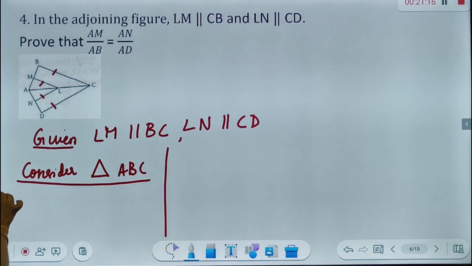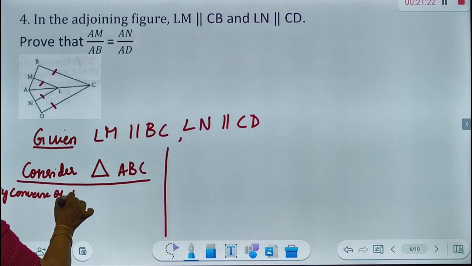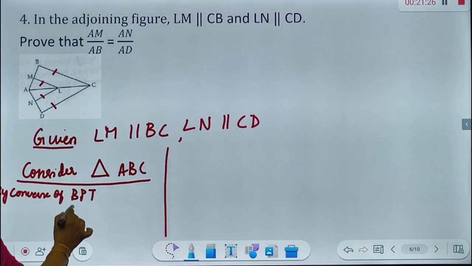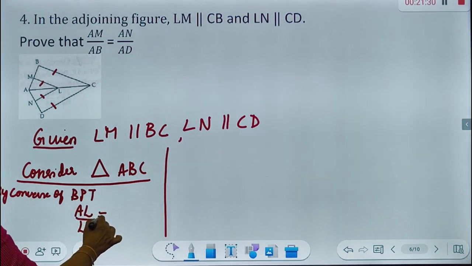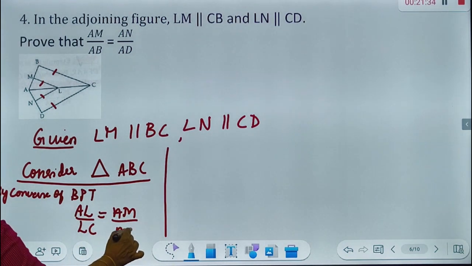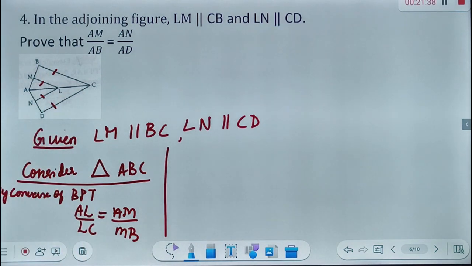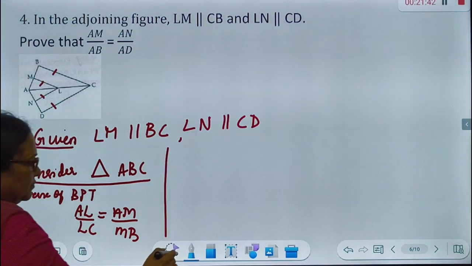So, by converse of BPT, what will you get? AL by LC will be same as AM by MB. I have considered which triangle? Triangle ABC.